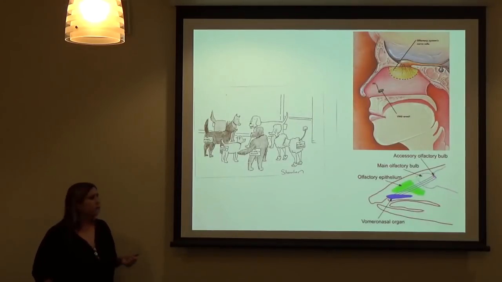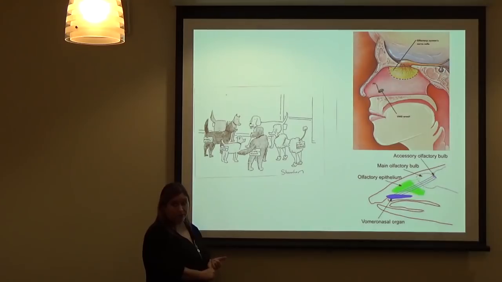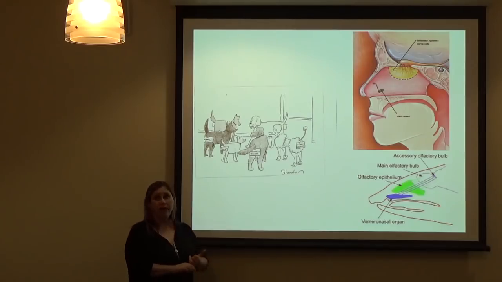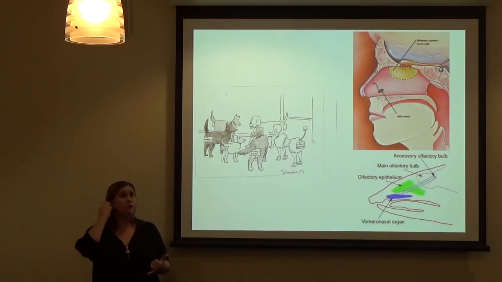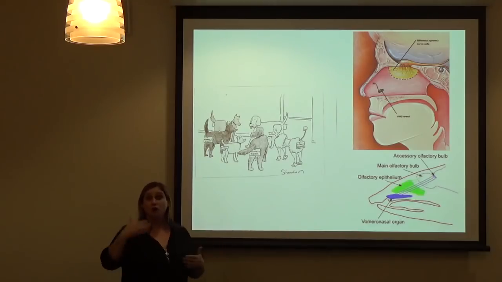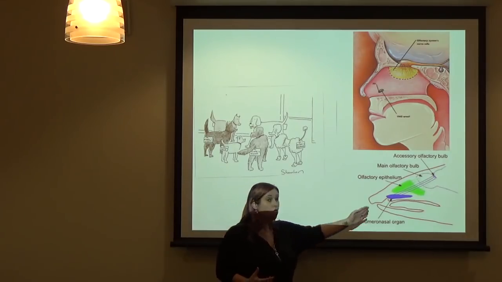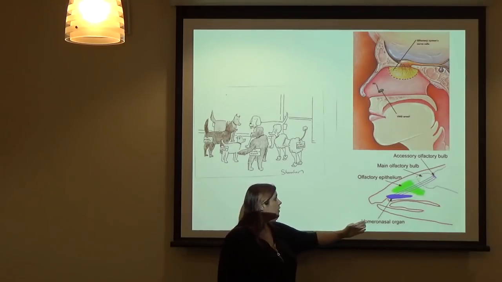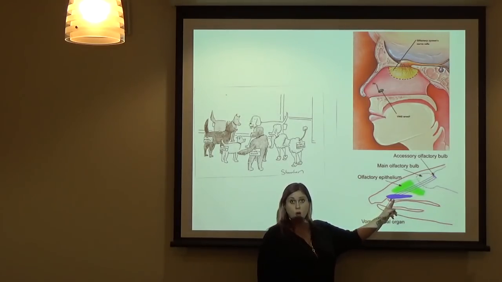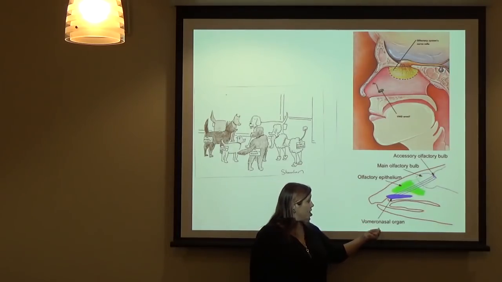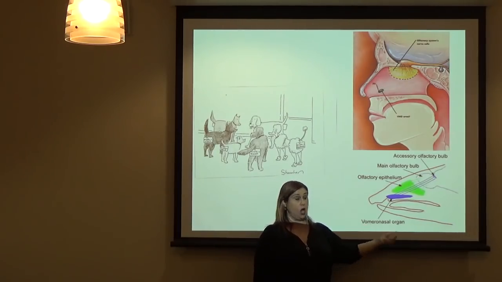All right. So, first of all, when we look at the behavior of other animals, we can see that they are getting important information through their sense of smell. Like dogs are always sniffing each other to find out information about one another. Well, it turns out if you look inside their skulls, you would see that they have a sensory organ called a vomeronasal organ, or VNO, okay?